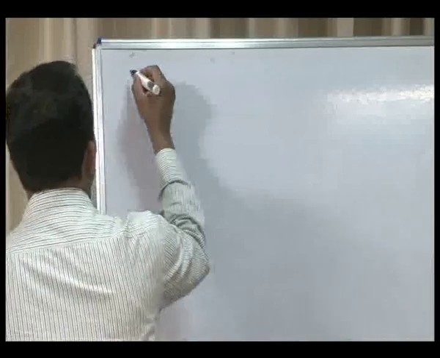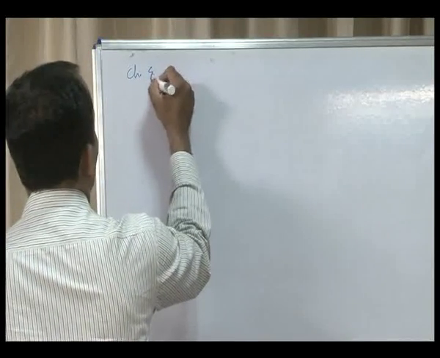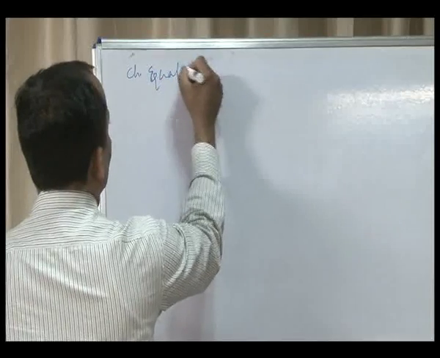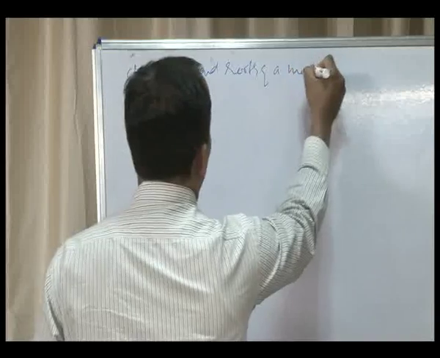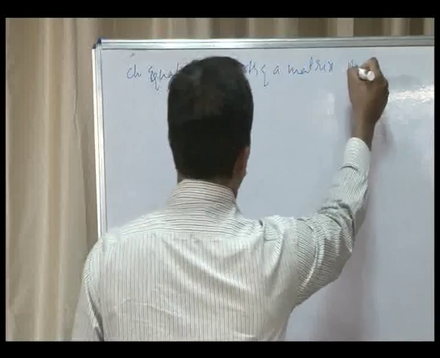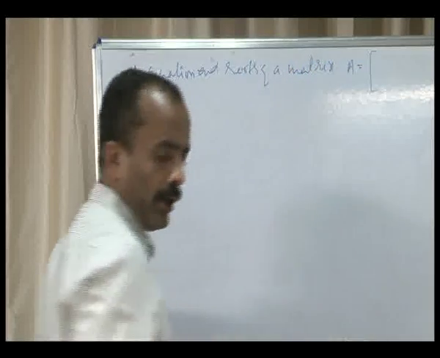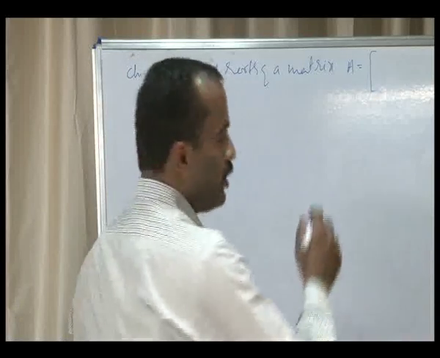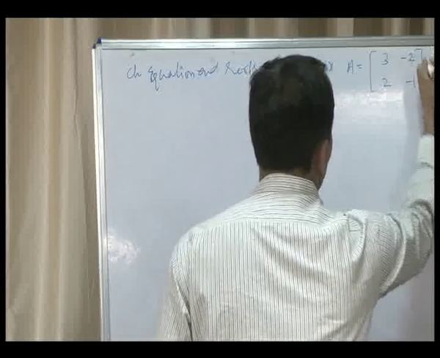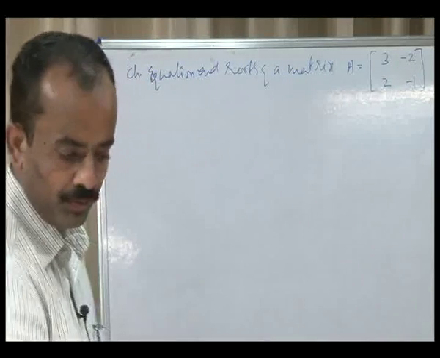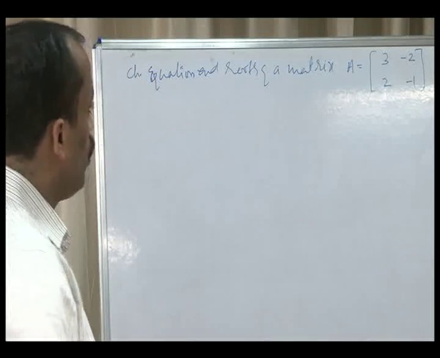Next, find the characteristic equation and roots of the matrix A is equal to [3, -2; 2, -1].